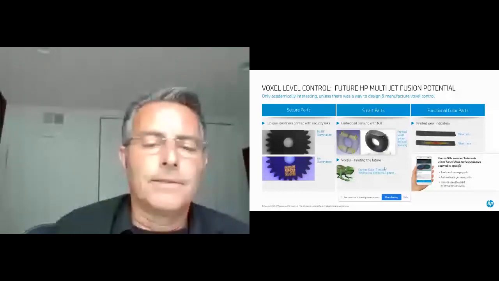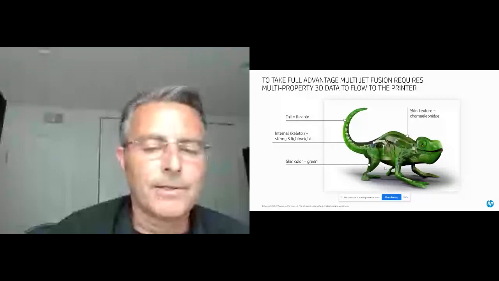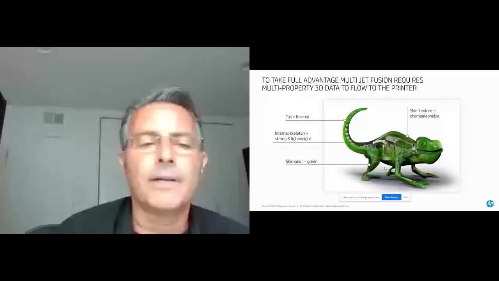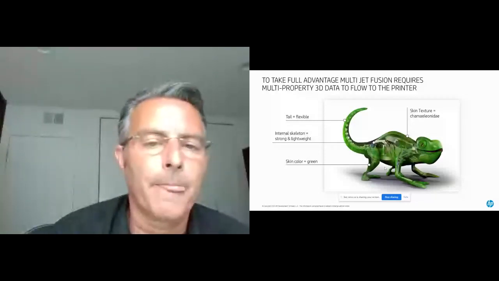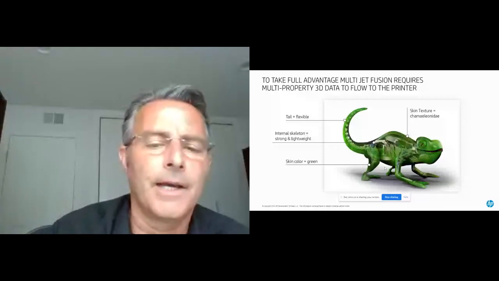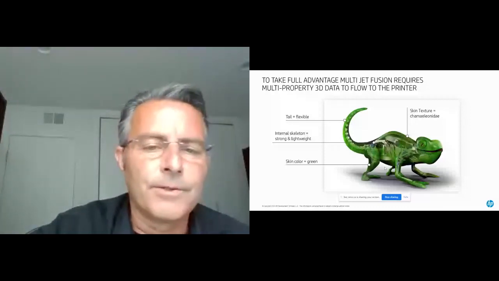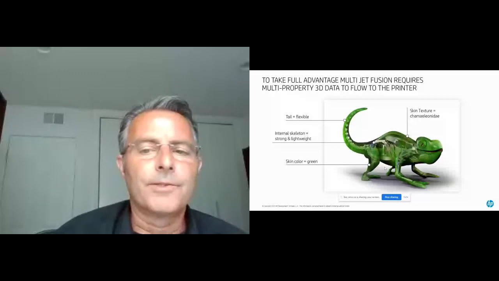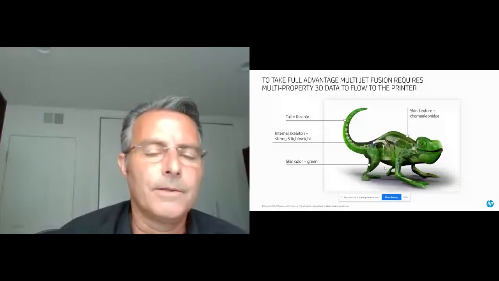There are other challenges of realizing this voxel control. If you go back to 2014, I think the video is still on YouTube. If you Google something like multi-jet fusion chameleon, you'll see a visionary video come up.